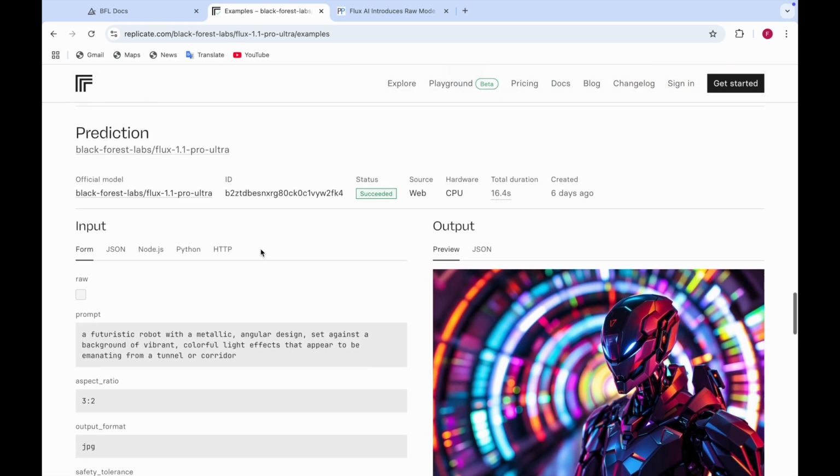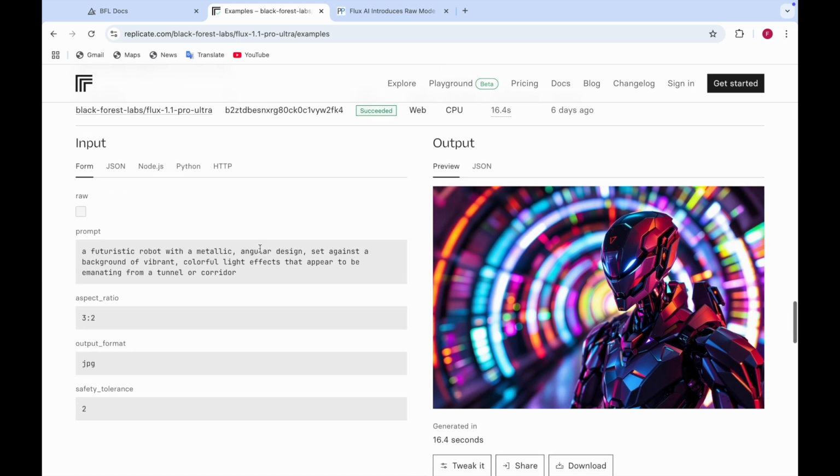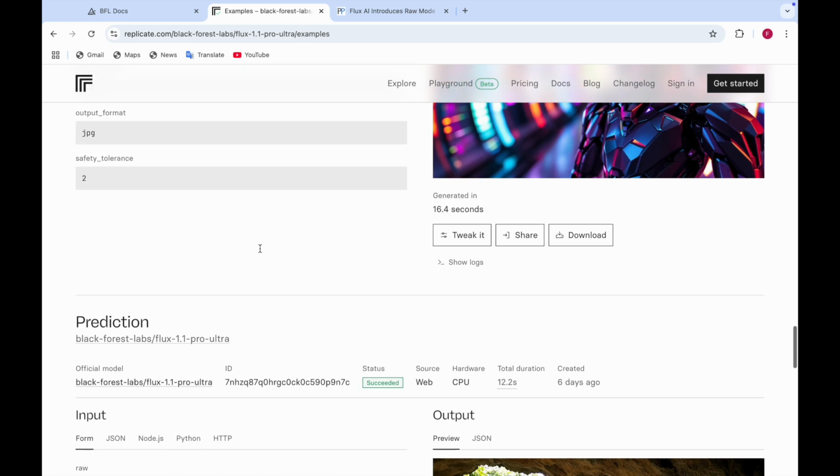And here it looks like a futuristic robot, and you see the background is vibrant, colorful light effects, and the robot is a metallic robot with angular design. The light effects appear to be coming from a tunnel or a corridor.